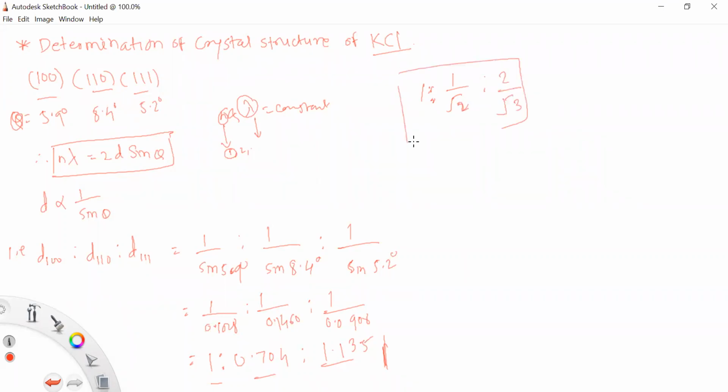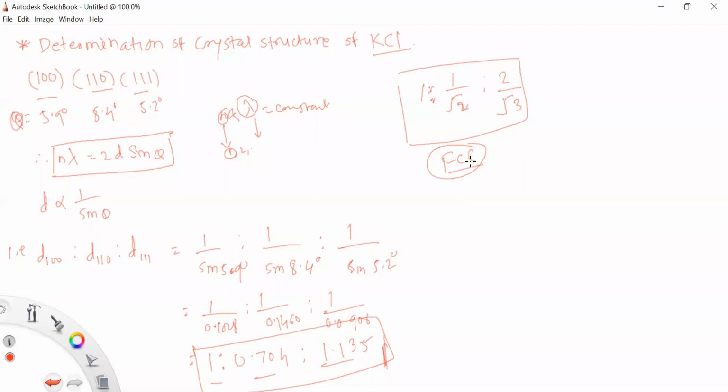So these are the standard values for FCC, and therefore the NaCl crystal is an FCC crystal. This is the ratio of the face-centered cubic lattice, so the lattice of NaCl belongs to the FCC crystals.